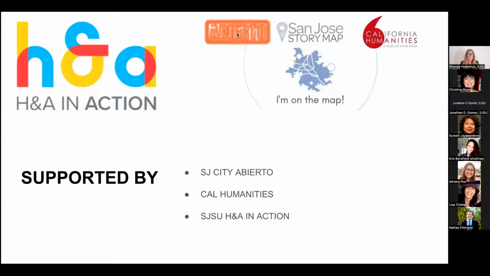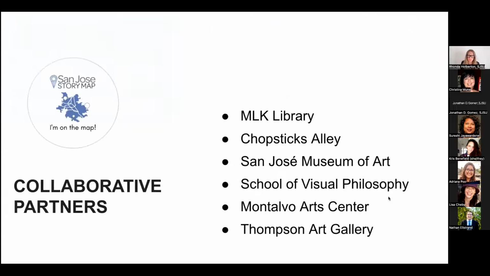And then the second round of funding, from Abierto, was to produce some public-facing workshops within the city of San Jose. Those funding mechanisms allowed us to pay our student workers, which is a really important part of this project, so that they got the portfolio opportunities that came from it, but also that they were being funded through it.